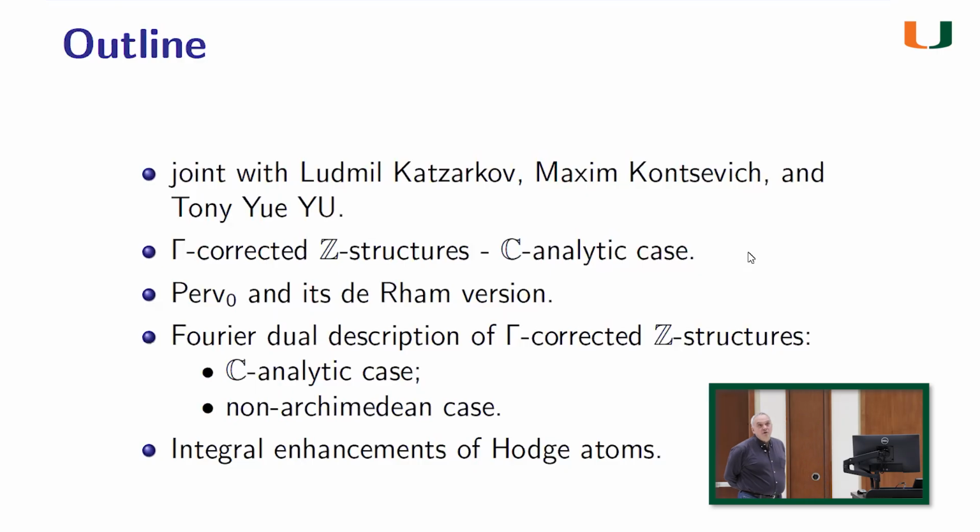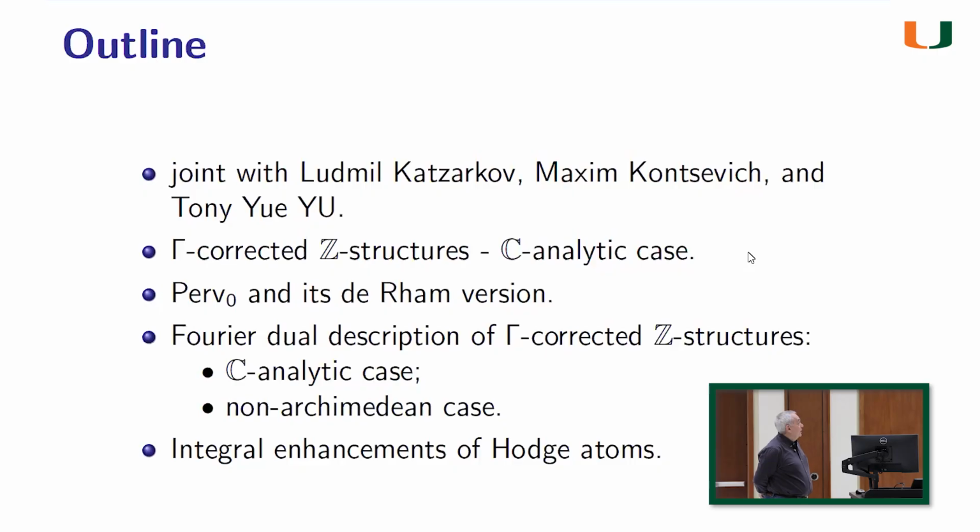And it's mostly for making things more palatable and intuitive and explaining where the ideas and the heuristics come from. Maybe that's a mistake because that's going to take quite a bit of time. But one thing is that we would like to do it for atoms, which are inherently not C-analytic, but non-Archimedean analytic.